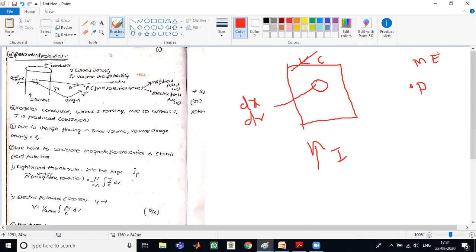The magnetic potential is represented by A bar, because it is a vector quantity, and the electric potential is a scalar quantity, so it is represented by V, not V bar. Here, from this element to this point, we are going through the origin. Here we have an origin.